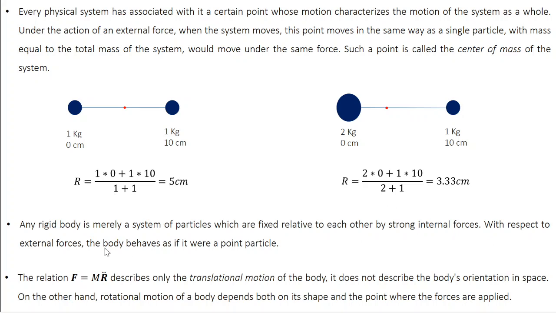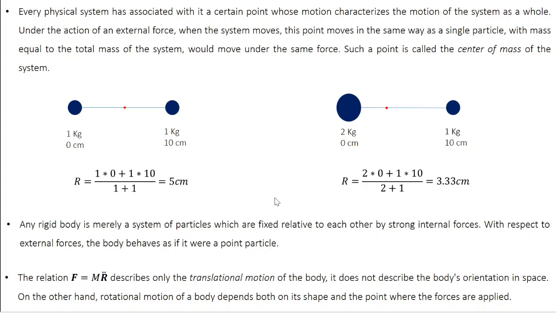And with respect to the external force, the body behaves as though it were a point particle. So basically, you write down only one equation of motion corresponding to the center of mass. You solve that equation of motion, then you can understand the behavior of the entire multi-particle system.